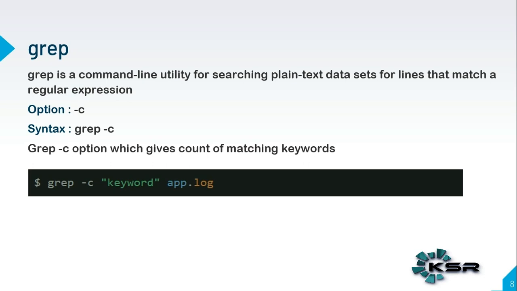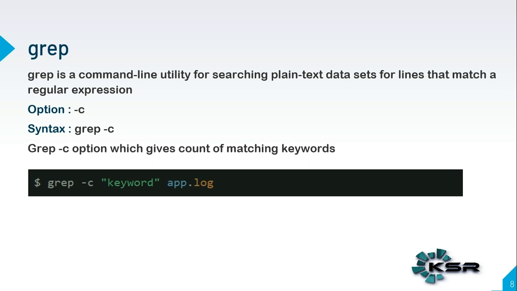Most people use grep for getting server list details or particular error details from the logs. If you grep your keyword, like error, it will display the error-related statements in the file. This is how grep is used.